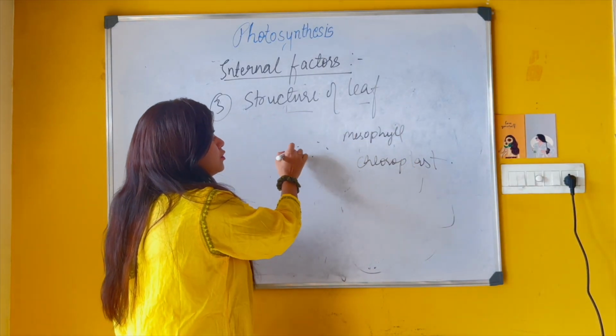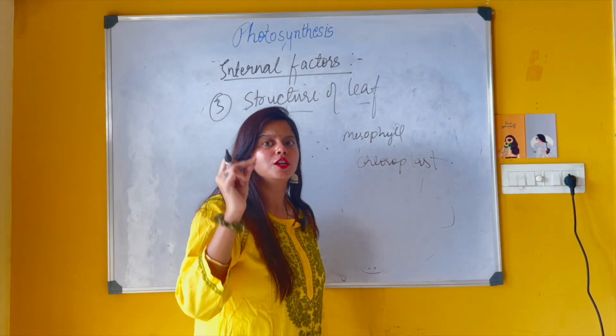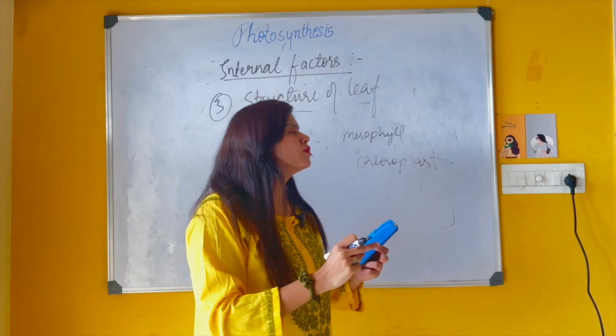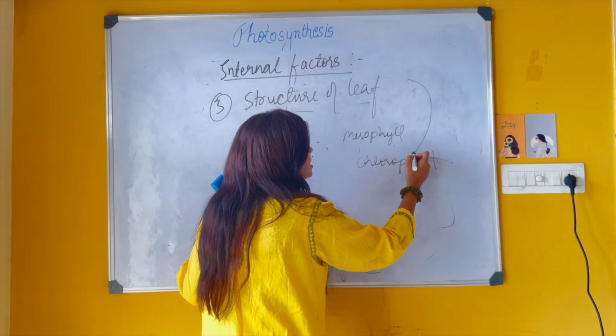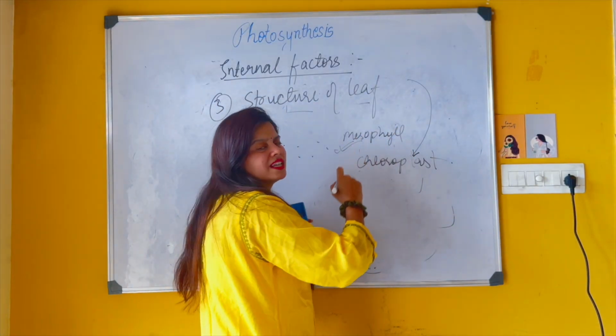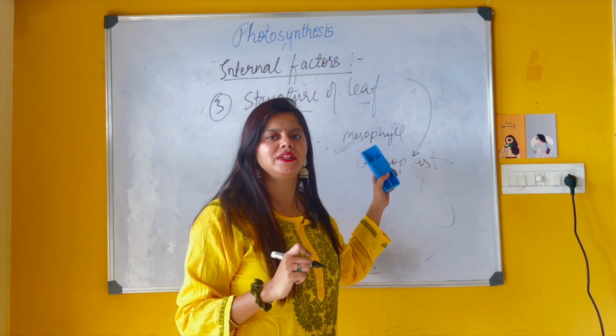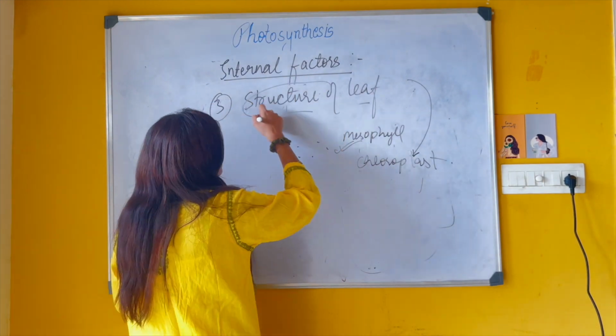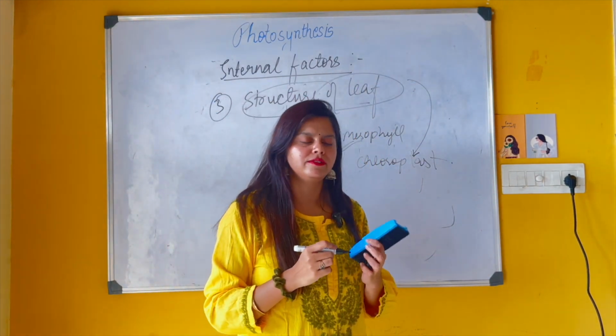Number of stomata enough होने चाहिए for diffusion of gases. Cuticle की thickness बहुत ज़्यादा नहीं होनी चाहिए. So leaf should be thin so that enough sunlight is reaching the chloroplast. Where is chloroplast present in the leaf? In the mesophyll cells, palisade and spongy mesophyll cells. So the third internal factor is structure of leaf.